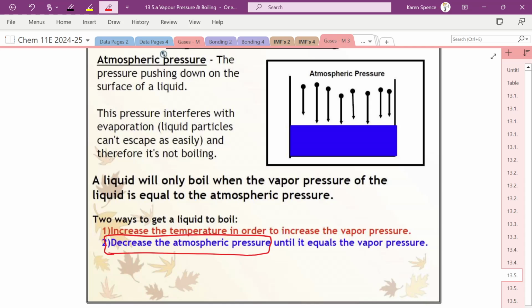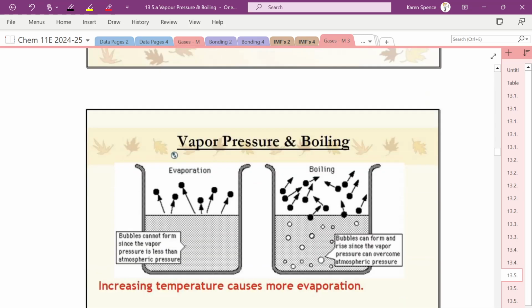If you could pull that plunger up, you could actually make the water boil at room temperature if you made that pressure low enough. Because you're making the pressure low, so the vapor pressure will equal the pressure, well, in this case, it wouldn't be the pressure of the atmosphere, but it would be the pressure pushing down on that substance. I don't think they're going to ask you about that, so don't get too excited about it. Don't worry about it too much.